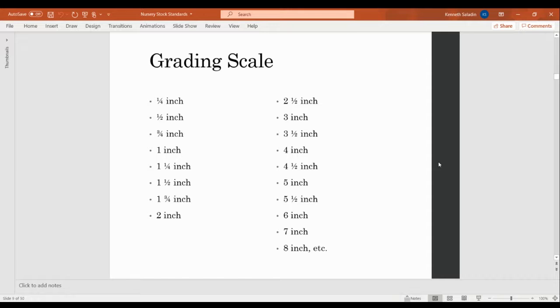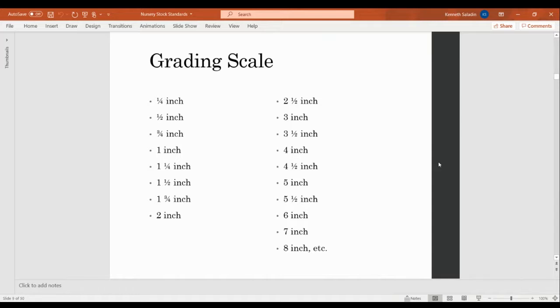Okay, this is an example of the grading scale for deciduous, shade, and flowering trees. If you look at the scale, you can see that it starts with 1/4 inch, then moves to 1/2 inch, 3/4 of an inch, then 1 inch, 1 1/4, 1 1/2, and 1 3/4 inches. When we get to the 2-inch diameter or caliper, then we jump to 1/2 inch increments.